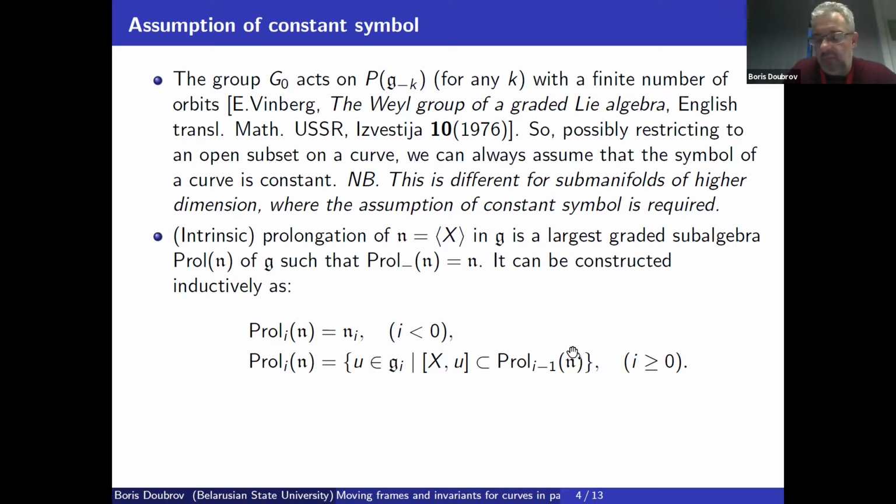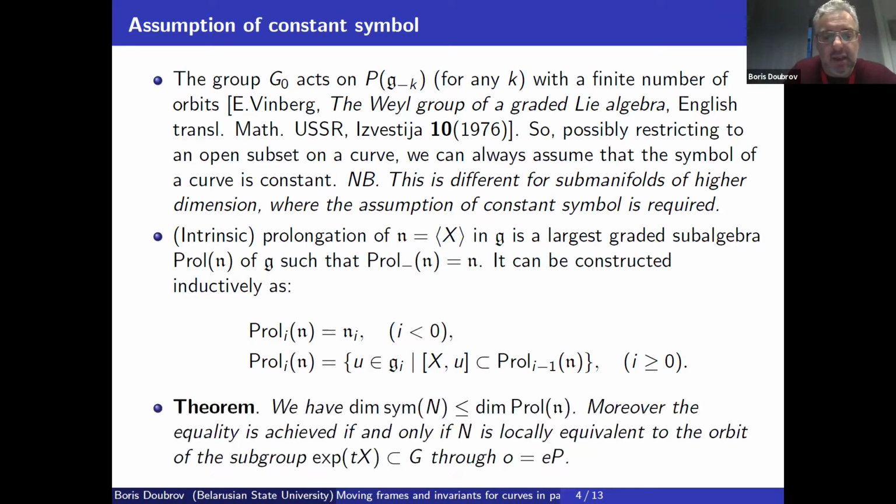So it's a very easy exercise to really compute such prolongations. And as before, I just copied literally the theorem we had before: the maximal possible symmetry of gamma, instead of n would be more correct here, is exactly the dimension of such a prolongation.